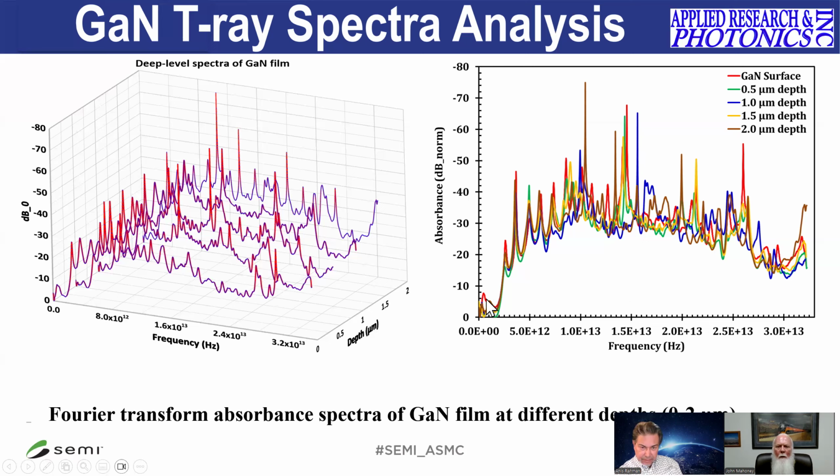As you can see, these peaks at the very lower end, the red one, come from the ambient moisture, but the other small peaks all fall on top of each other up until here. Beyond this point, the spectrum at very high frequency gets separated as a function of depth. But up until about 5 or so terahertz, they fall on top of each other.